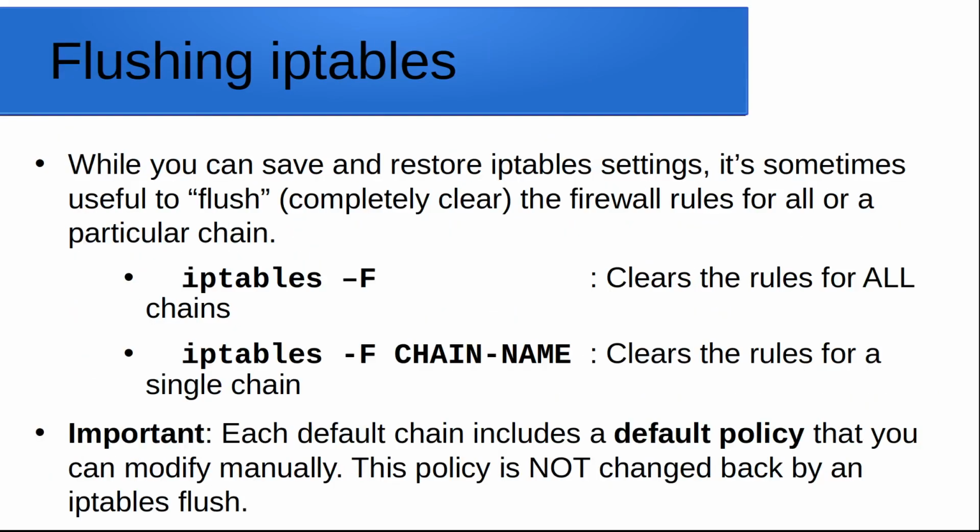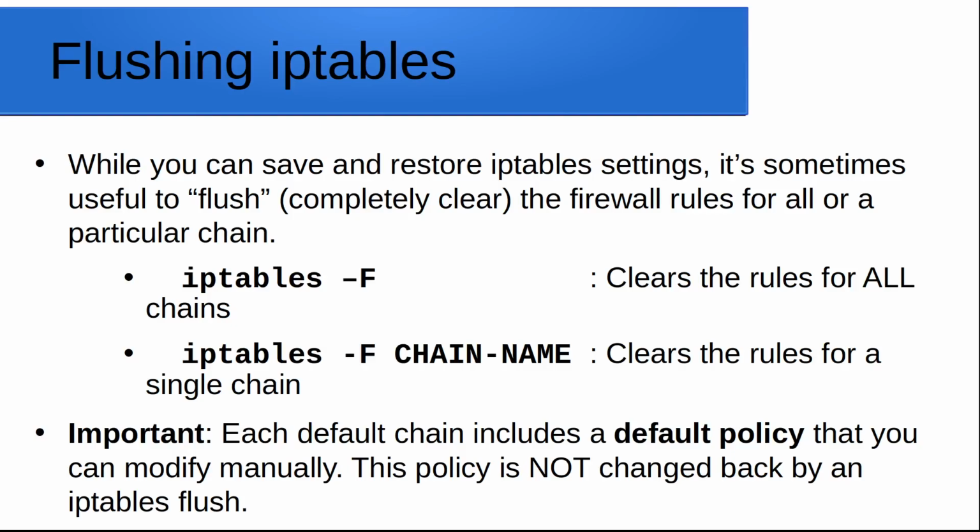One of the first things you want to do before you're doing anything is flush the current rules. And you do that with iptables -F. That's going to clear all the rules for all the chains so you can load in your own custom rules, and they won't conflict with the defaults that are there, because there are defaults. iptables -F and then the chain name will flush or clear the rules just for that particular chain, so it could be useful.